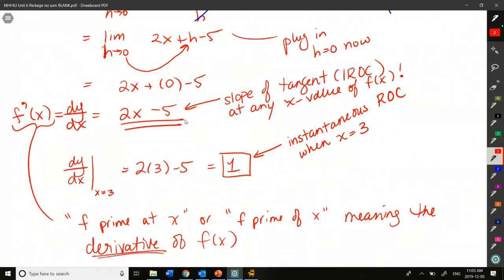So when I find the derivative of a function, I am finding the equation that gives me instantaneous rate of change or the slope of the tangent line at any point along a function that I could ever want to find.